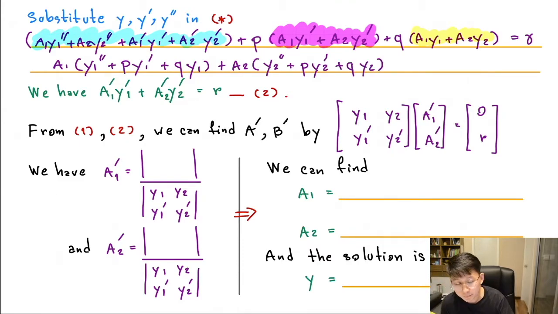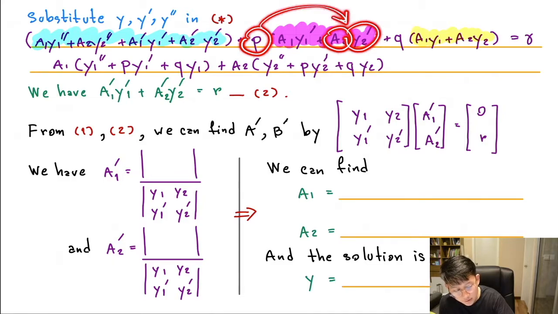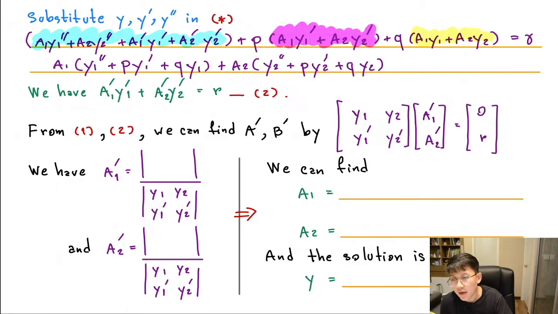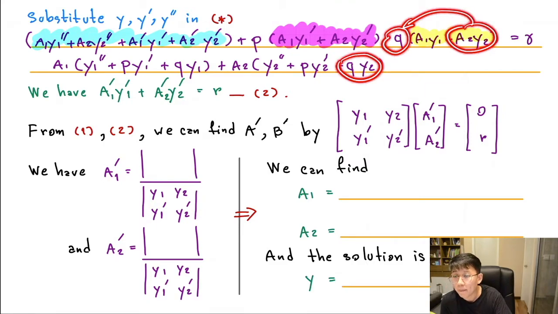Where does it come from? It's from here, a2 y2 double prime, then a2 p y2 prime, which is actually this term. So we get exactly the same term. And the last term is a2 q y2, and that equals r.